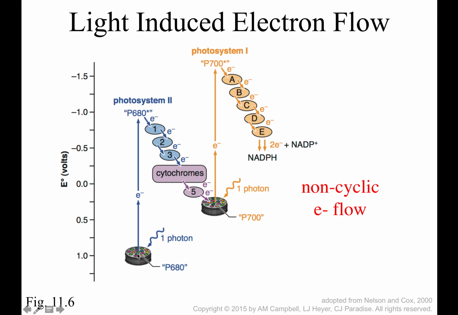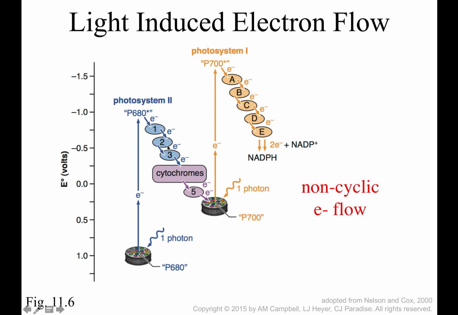And when it's funneled to the reaction center, instead of electrons just getting more energized and then less energized, these electrons actually physically leave that molecule. And the electrons that physically leave that molecule go to an electron transport chain, just like we saw electrons that physically leave NADH or FADH2 go to an electron transport chain in mitochondria, but this is in the chloroplast.